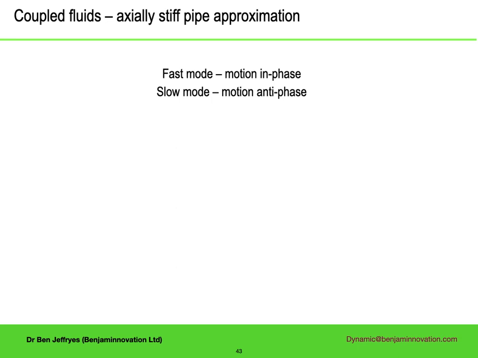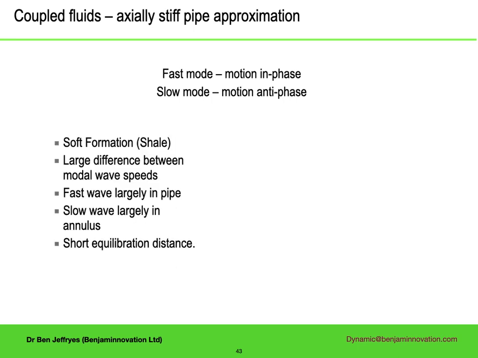Finally, a summary. For fluid waves in a pipe in a borehole, there are always two modes. A fast mode with the fluid motion and pressures in phase, and a slow mode with them out of phase. For a hole in a slow formation, there is a large difference between the two mode speeds. The fast mode is largely in the pipe, and the slow mode largely in the annulus.